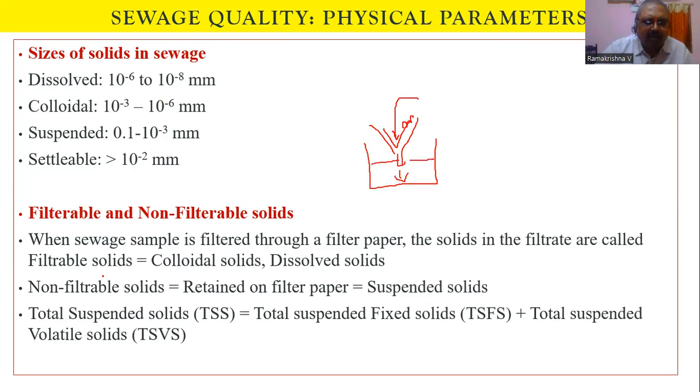So the filterable solids are nothing but the solids in the filtrate, and the solids which are there on the filter paper are called suspended solids. These suspended solids are again fixed solids and volatile solids.